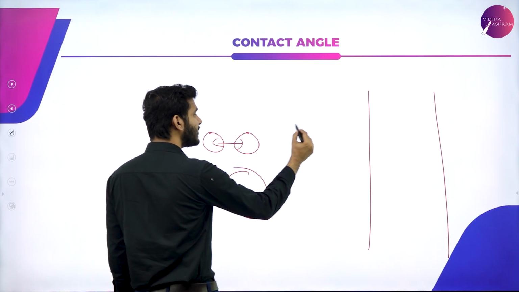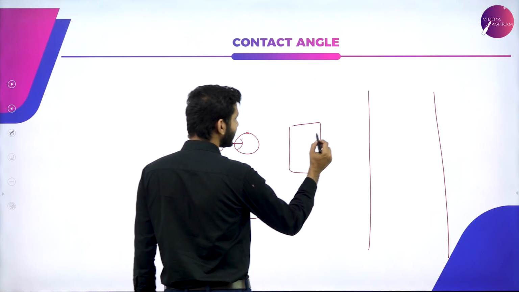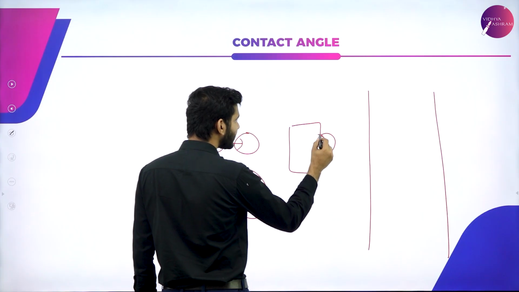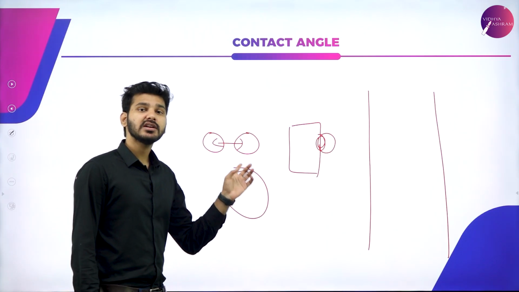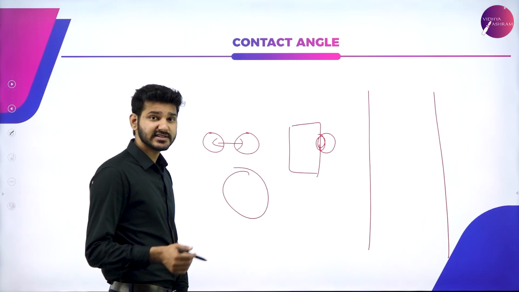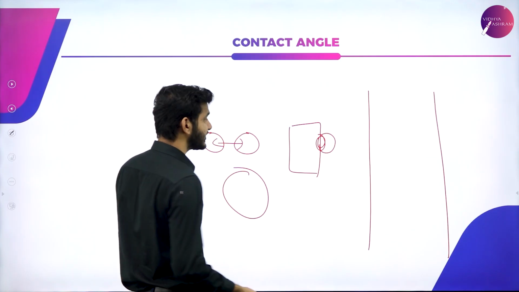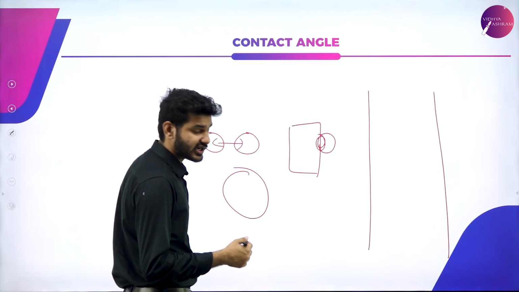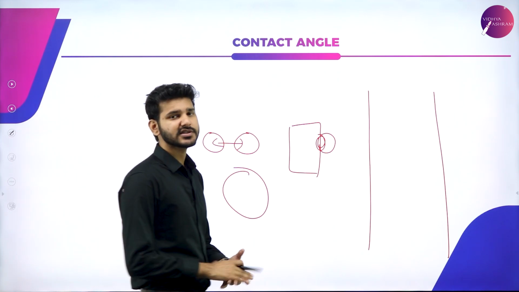Well, if you have a piece of paper and super glue, then you can stick various types of things onto that material, which is simply attraction between different types of molecules. So we can just say that the attraction between different types of molecules is known as adhesive forces of attraction, and attraction between same type of molecules is known as cohesive forces of attraction.